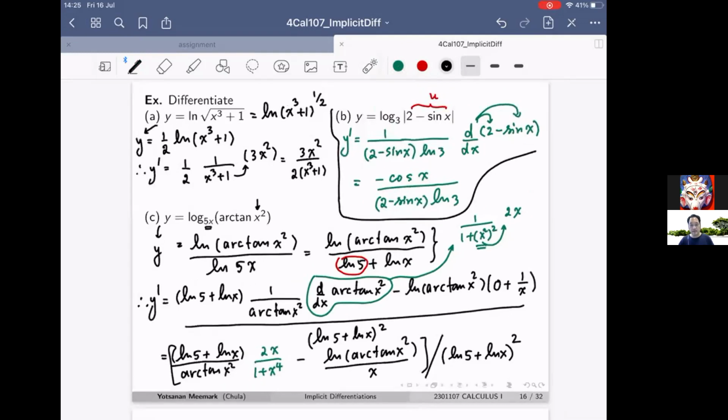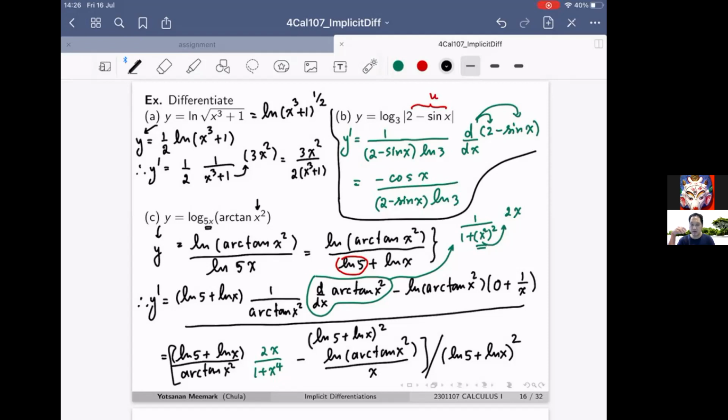At this moment, how many formulas do we already have? We have a formula for finding the derivative of a constant, x to the power r, exponential e to the x, a to the x, a logarithm, trigonometry, and inverse trigonometry.